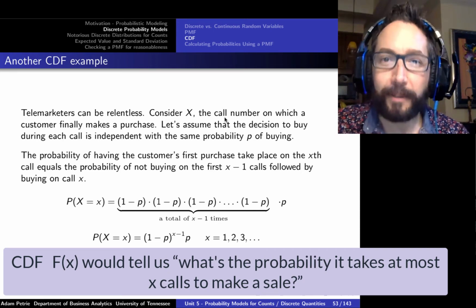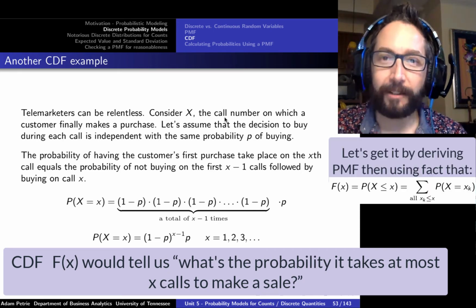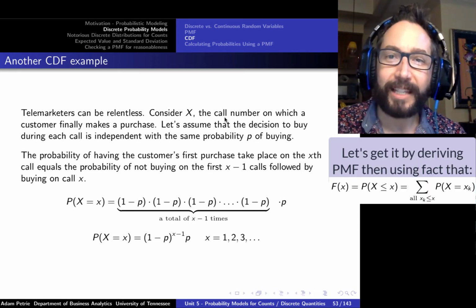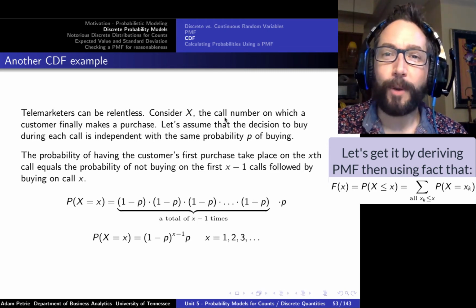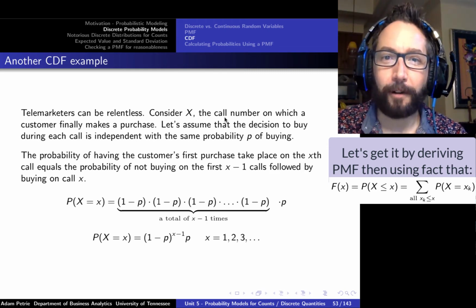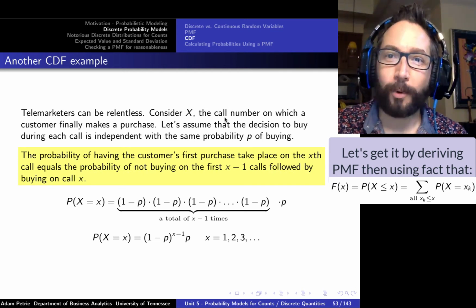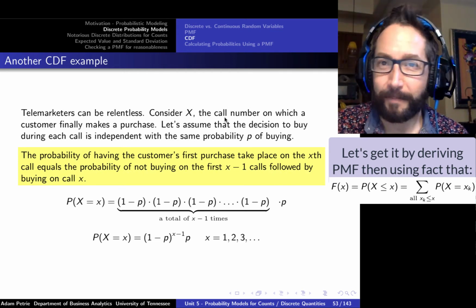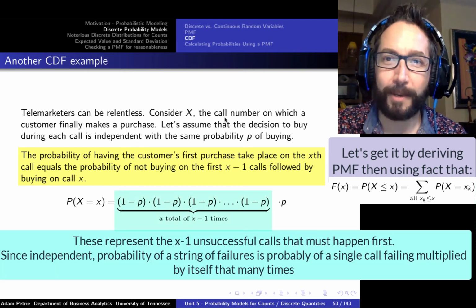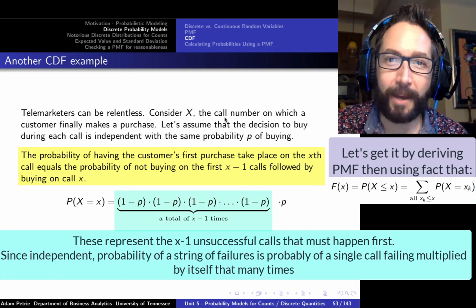Well, we need to build up to that actually by first getting the formula for the PMF here. And this one's pretty easy to derive. If we want the first successful call to happen on call little x, well, we need to have x minus 1 non-successful calls, each of which happens with probability 1 minus p, the outcomes of which are all independent of one another.